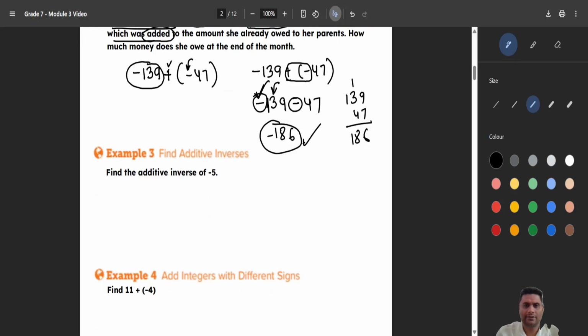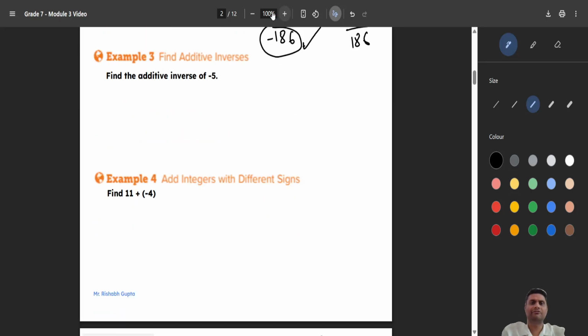Okay. Next, find the additive inverse. Additive inverse is very easy. What is the opposite of plus? Minus. And what is the opposite of minus? Plus. Remember this. So if I give you a positive number, let's say I give you 2, the additive inverse will be minus 2. Just change the sign. If I give you minus 1, what will be the additive inverse? 1.